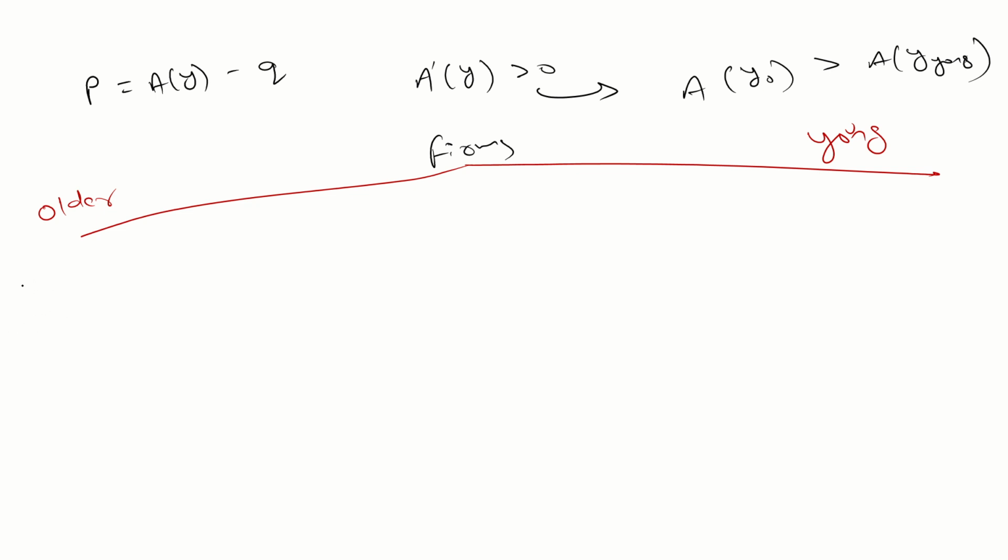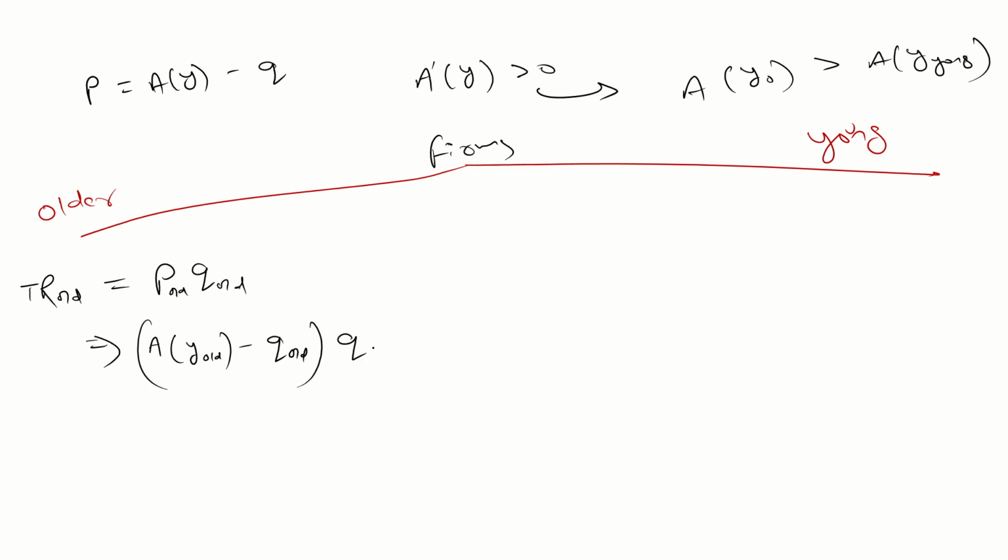Whenever we have to find out the total revenue of the old age people, that is the price of old into Q of old. Guys, what's the price of old? That is A of Y of old minus Q of old, into Q of old.